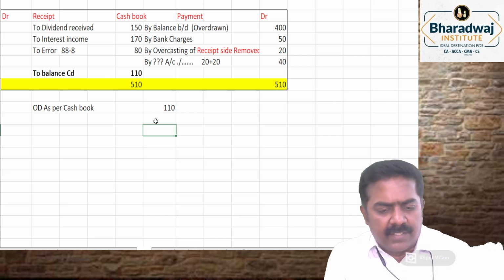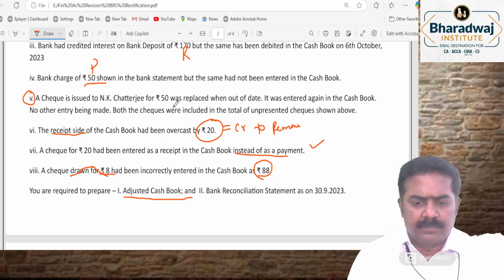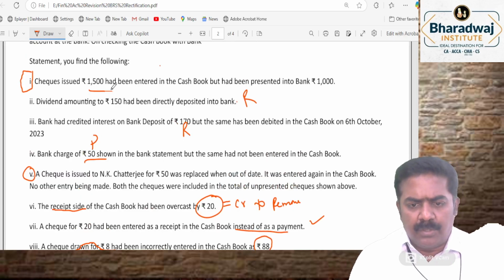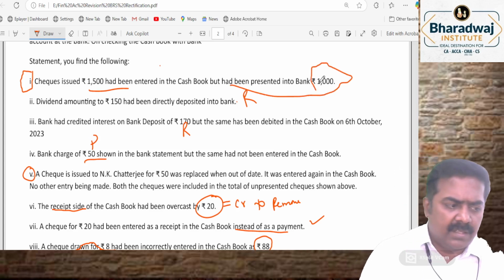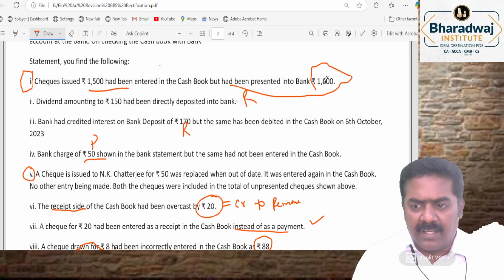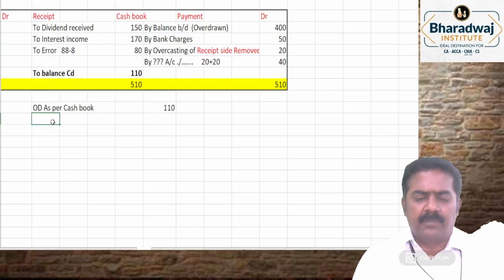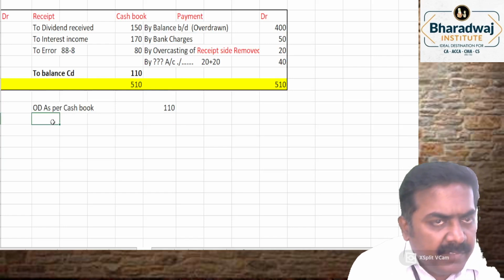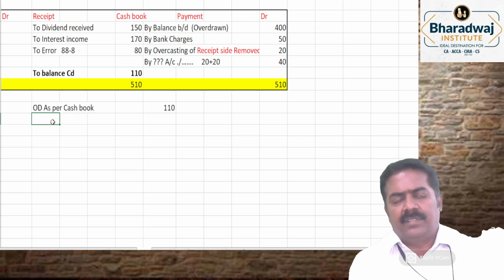What requires reconciliation? First point: checks issued 1,500 but not presented to the bank to the extent of what? 500. Presented to the bank 1,000, not presented 500. So we issued the check, which means we deducted that 500 also.